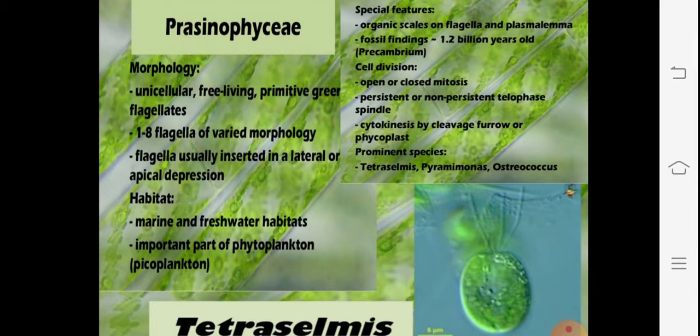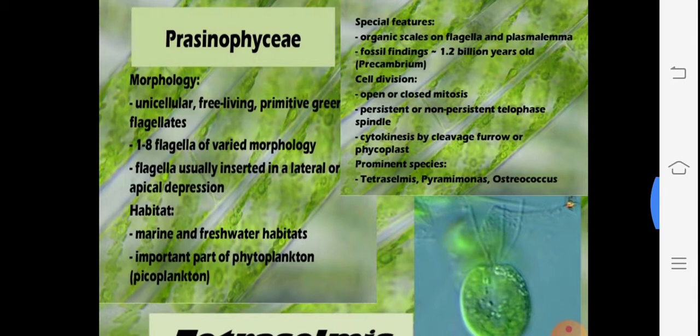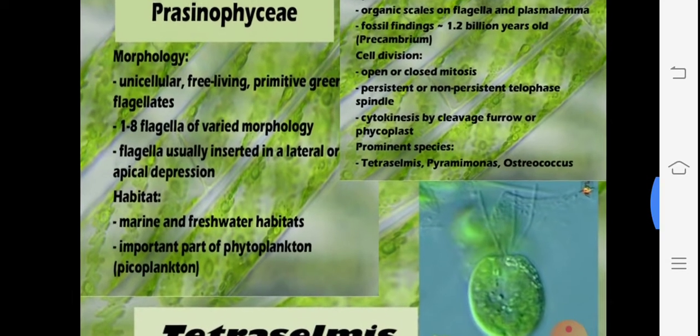It is a marine and freshwater alga, and it is commonly called phytoplankton. Secondly, they are an important part of the phytoplankton found in marine and also in freshwater, though rarely occurring.